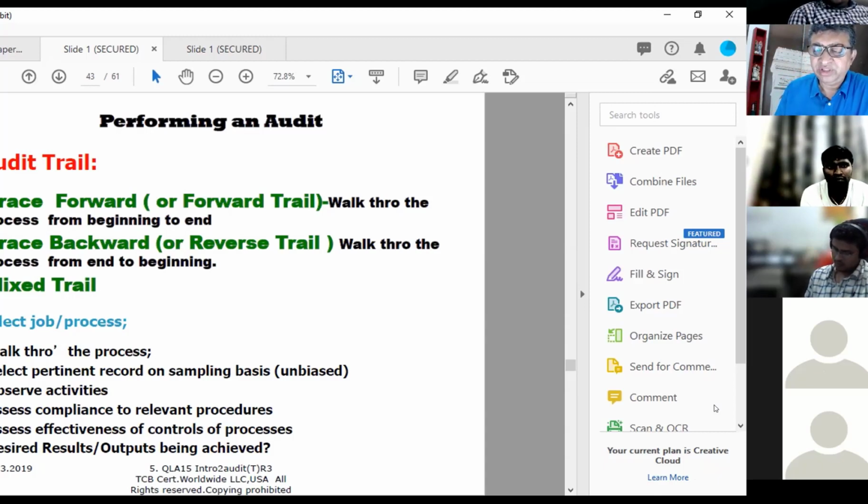Because there are so many things you have to do, so many questions you are going to ask, so many processes, linked processes you are going to verify. So where do you start? Where do you end? It will become haphazard, complete haphazard, unless you follow a trail, a logical movement. So this is the concept of audit trail.